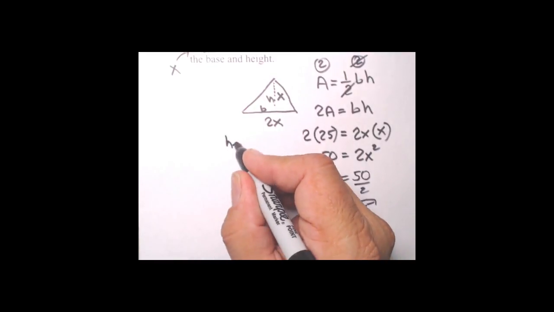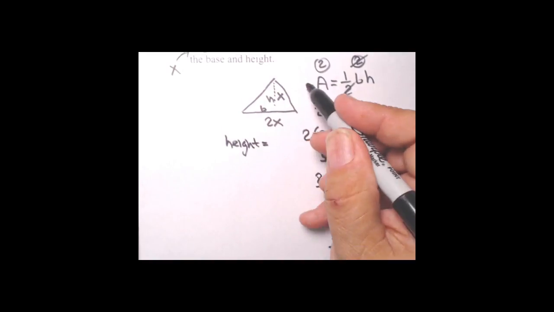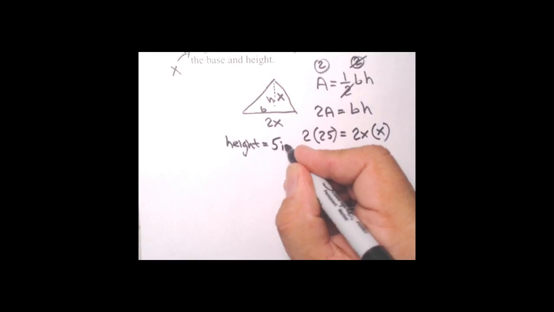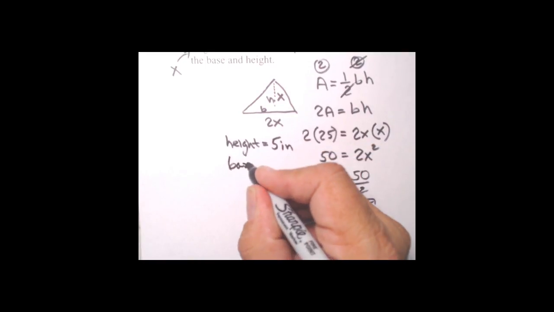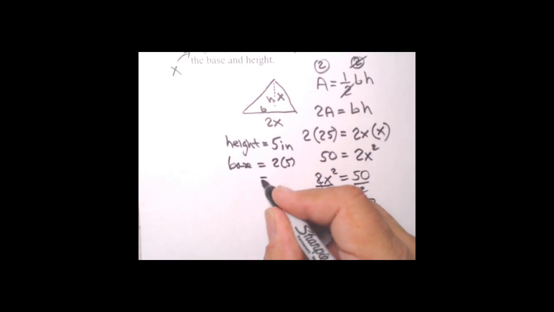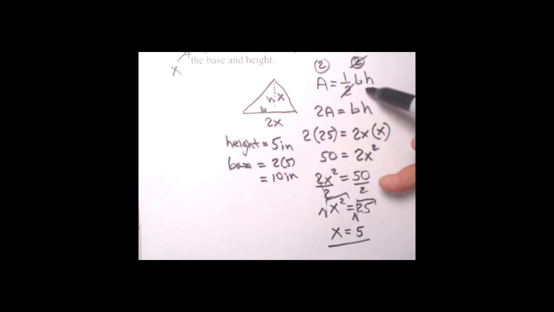So we'll say, okay, the height, I'm just going to write it out here since there's a little more room, equals 5, and remember inches. Okay, and the base equals 2 times the 5, so it is a total of 10 inches. Well, remember, here's the original formula up here for a triangle.